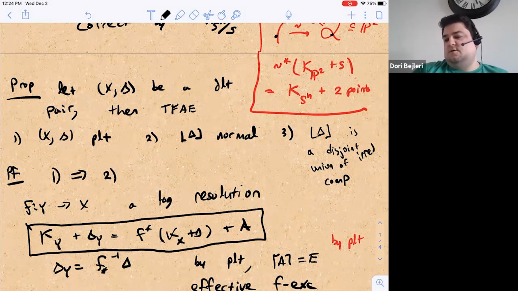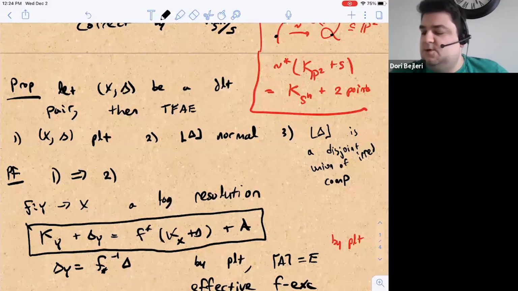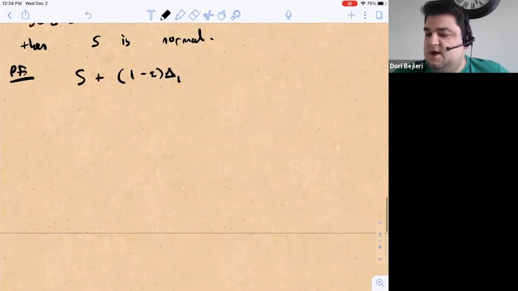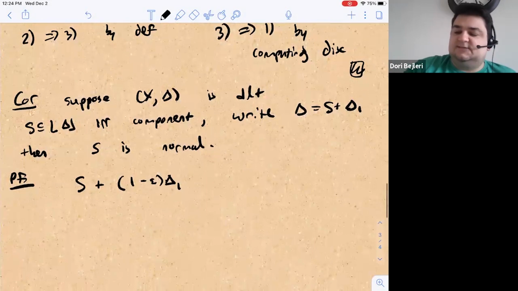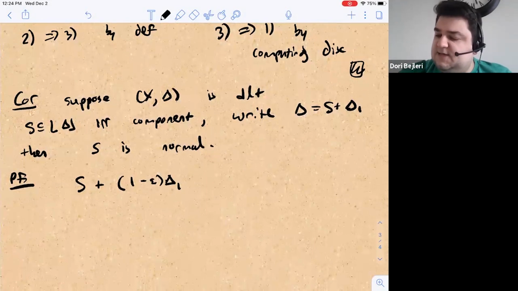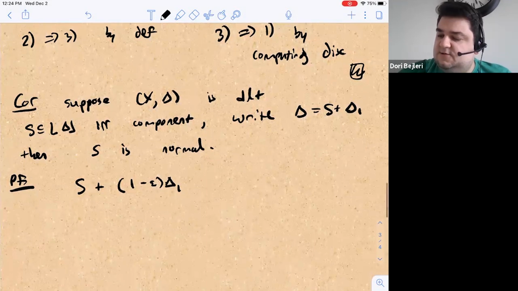And therefore, (X, Delta) is actually PLT, and this round down S is normal. So basically what we want to do is just make this perturbation and say that this perturbation is DLT. And then we're done. The issue is that this Delta_1 is not necessarily Q-Cartier.